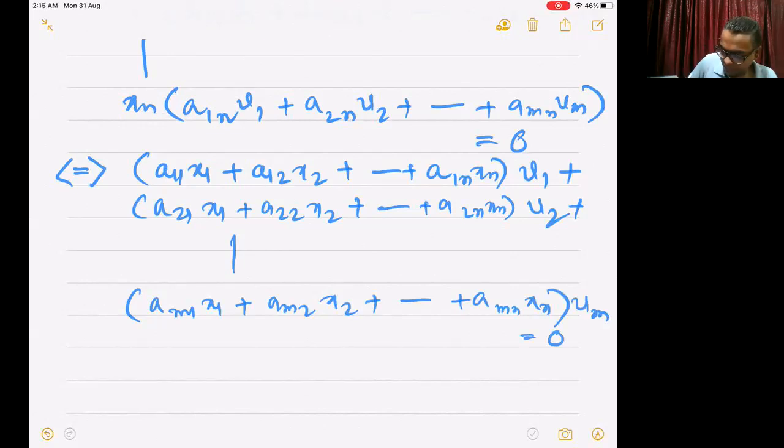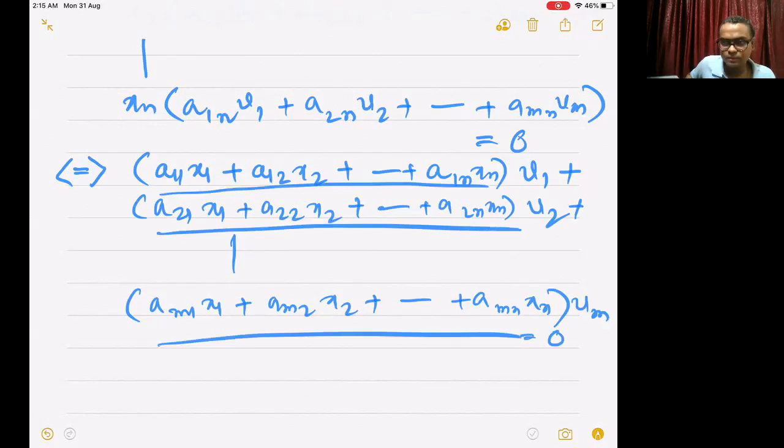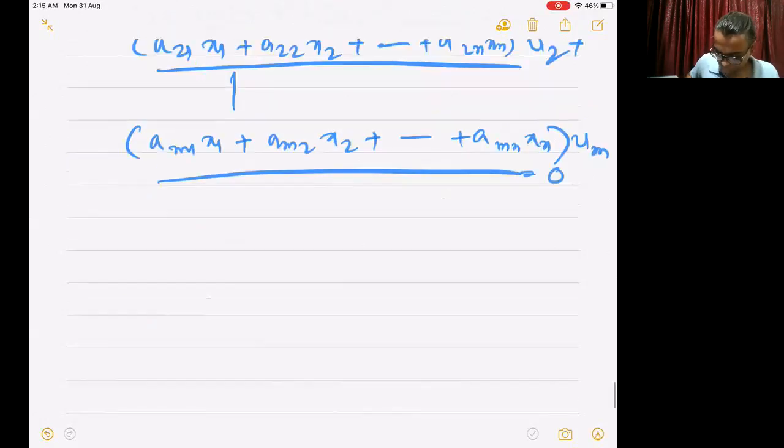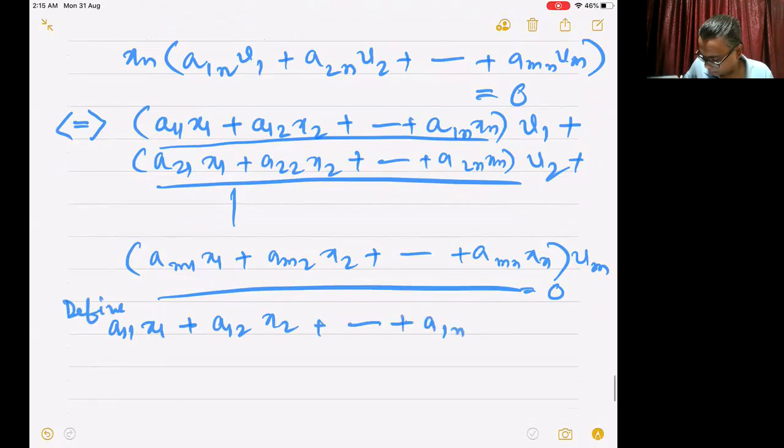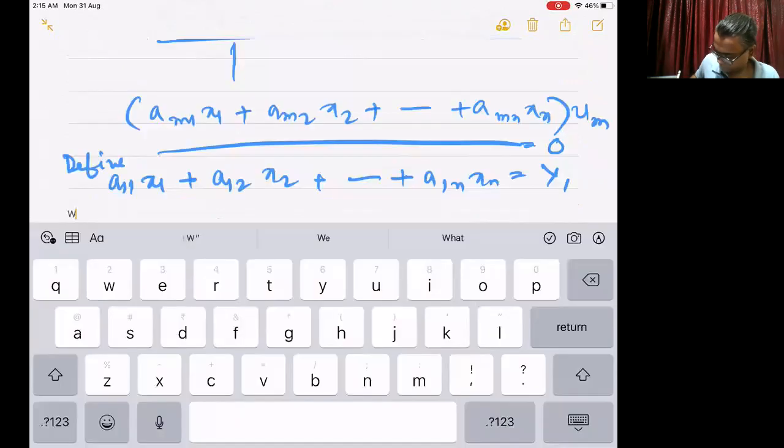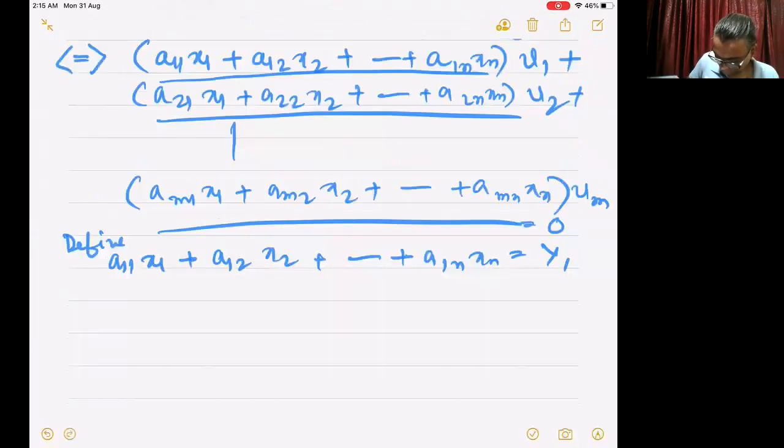I'm going to give these linear combinations some names. Notice the first one is a11 x1 plus a12 x2 plus dot dot dot up to a1n xn equals y1. The second one is a21 x1 plus a22 x2 plus dot dot dot up to a2n xn equals y2.